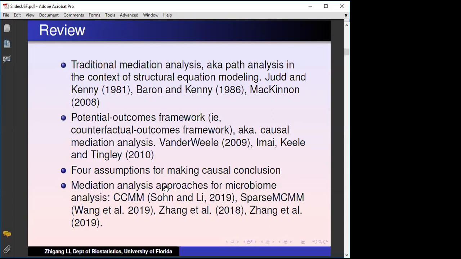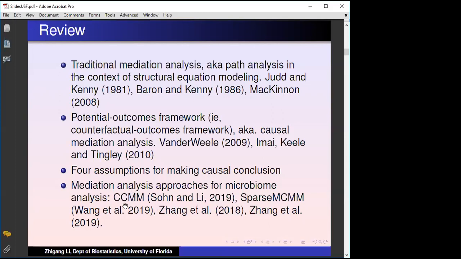And recently there have been some developments, as I listed here. Most of them are concerning the composition of the microbiome data. The microbiome data has several challenging structures. Compositional structure is one of them, and I will touch on that in my next slide.